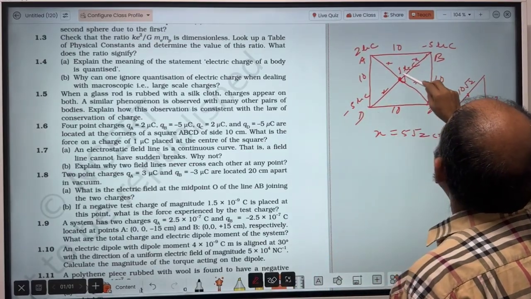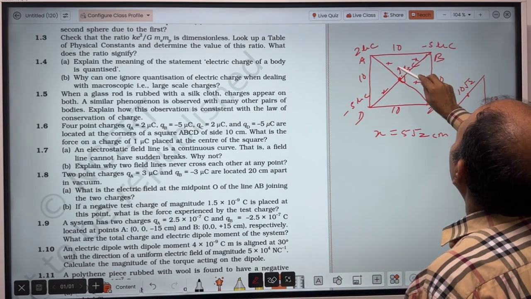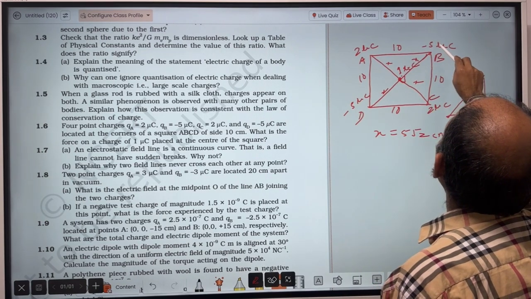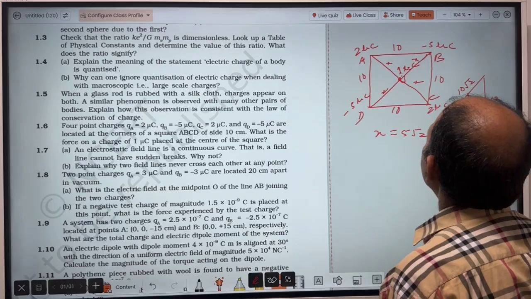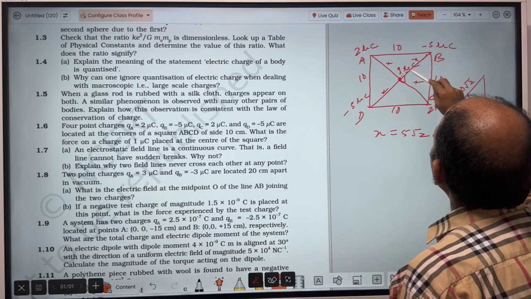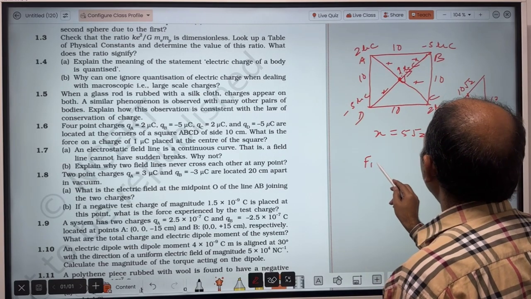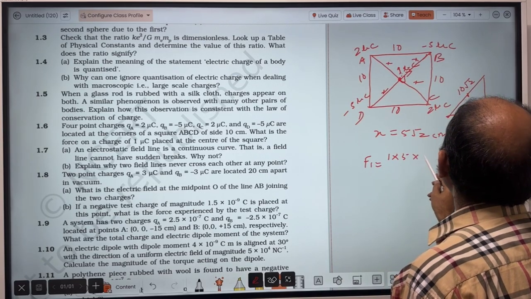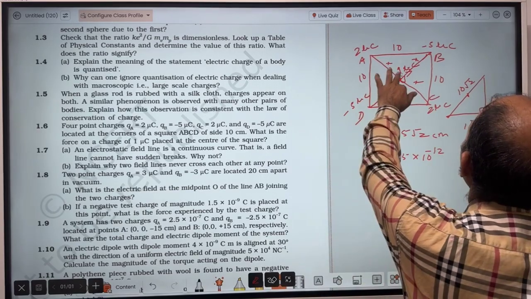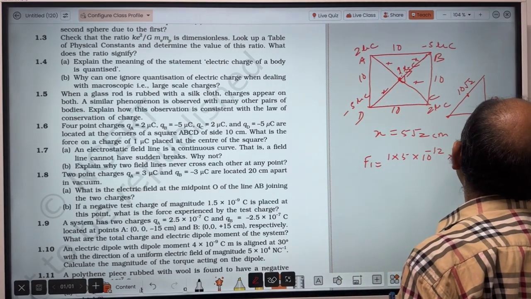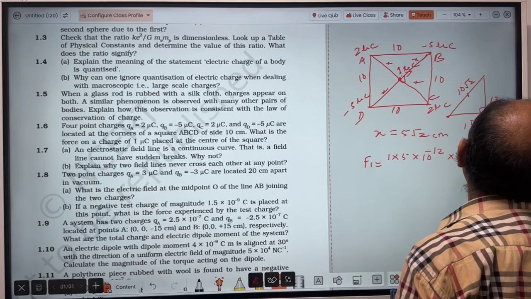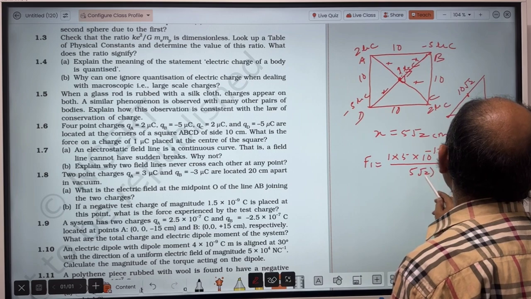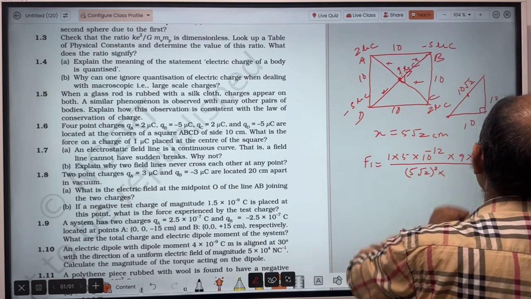Now, this is a positive charge, this is a negative charge. So what will be the direction of force due to this 5 microcoulomb charge on the 1 microcoulomb charge? This is positive, this is negative, so the force will be in this direction. If we evaluate F1, that will be 1 into 5 into 10 to the power minus 12, that is 1 microcoulomb times 5 microcoulomb, into 9 into 10 to the power 9, divided by the separation squared, 5 root 2 whole squared, multiplied by 10 to the power minus 2 squared since it is in centimeters.